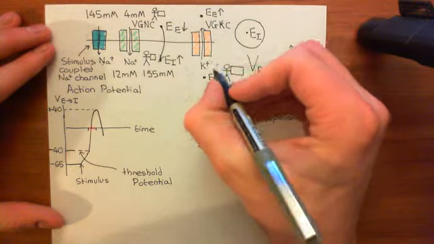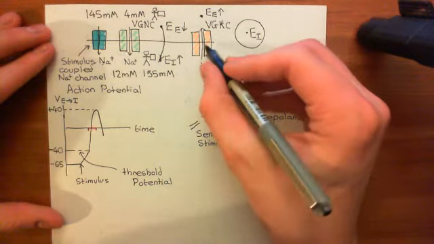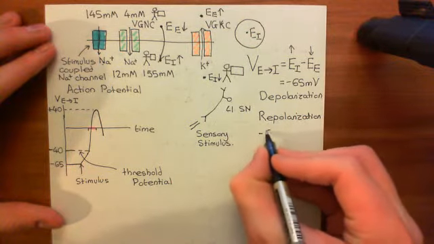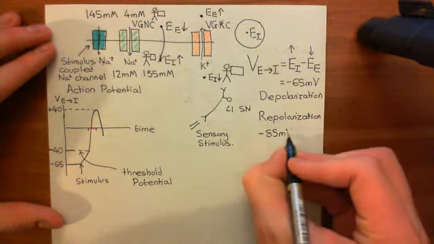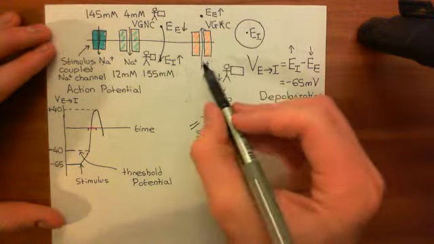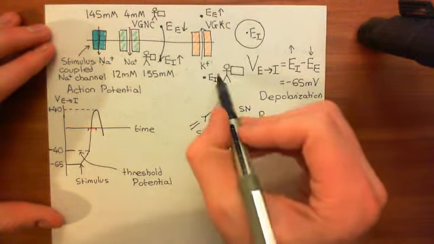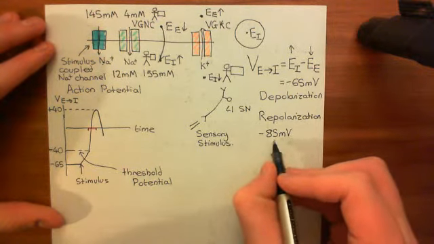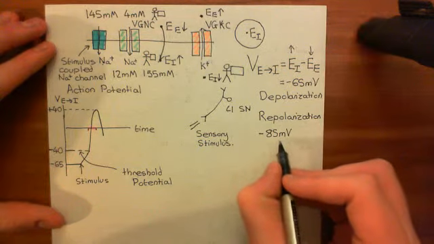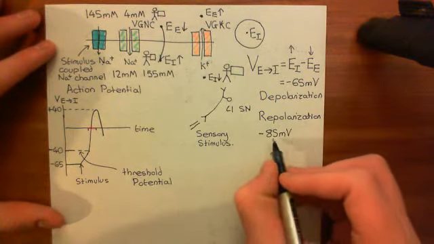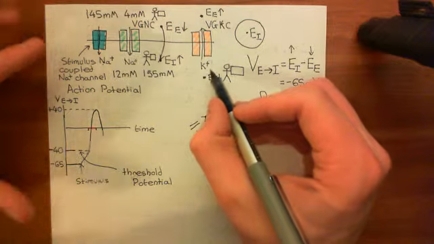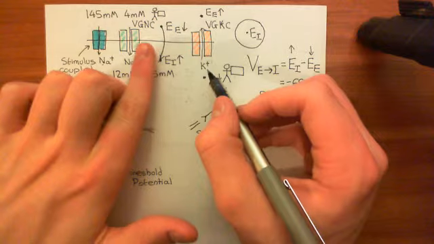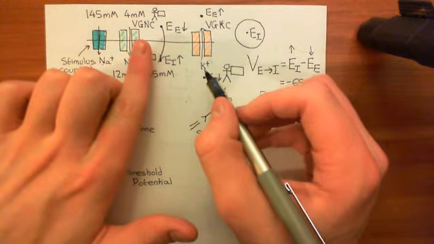To get the electrical gradient strong enough that it completely stops the movement of potassium ions out, you need to take the electrical potential difference across the cell membrane to around negative 85 millivolts, which means you need to make the intracellular compartment lower in electrical potential than the extracellular compartment by 85 millivolts. Only then will the electrical gradient be matched to the concentration gradient.